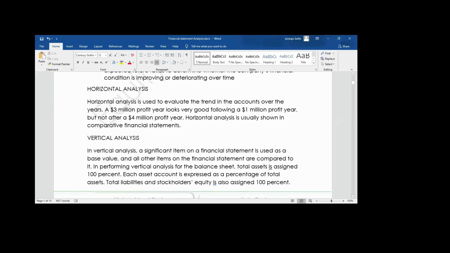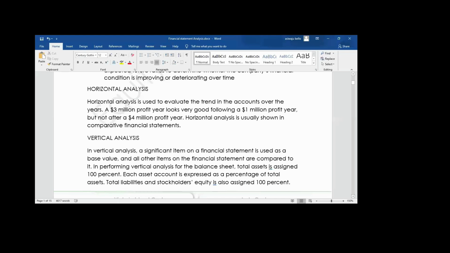In performing vertical analysis of the balance sheet, for example, if I want to carry out vertical analysis of a balance sheet, I can select total assets as my base value.